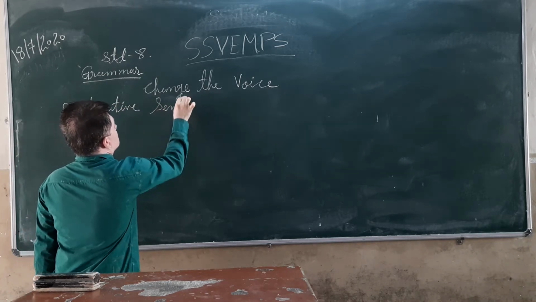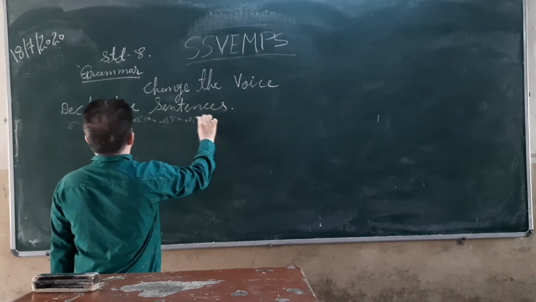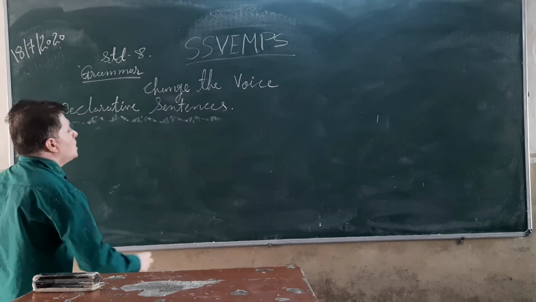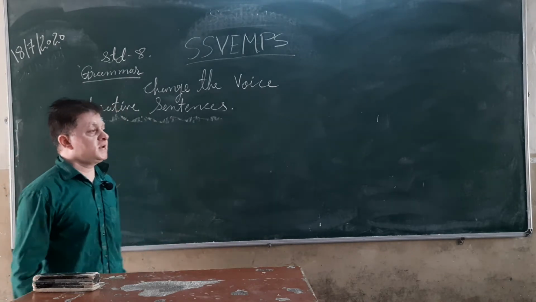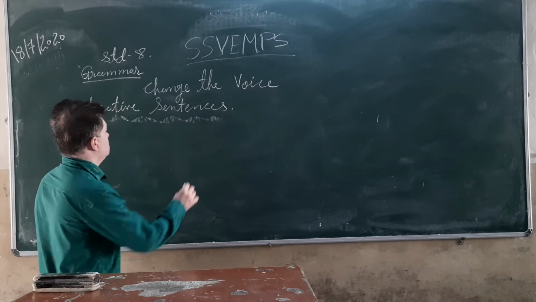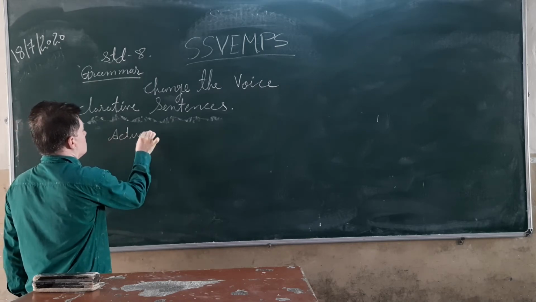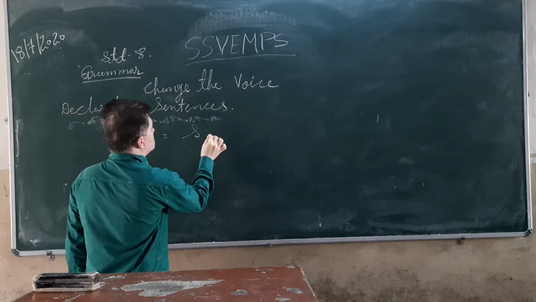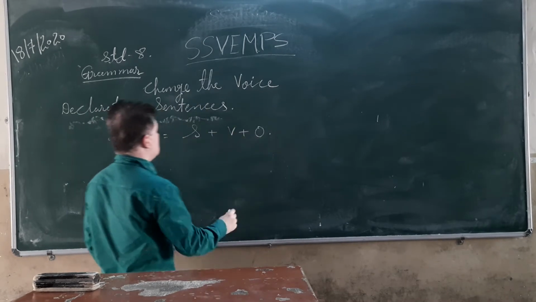Declarative sentences. Okay. Now here we have a special structure for the declarative sentences. For active voice, we have subject plus verb plus object.